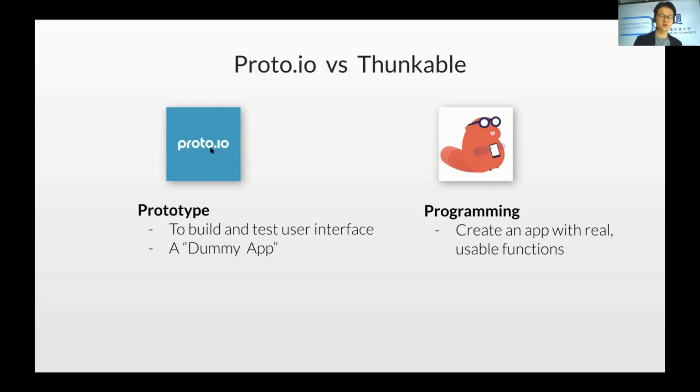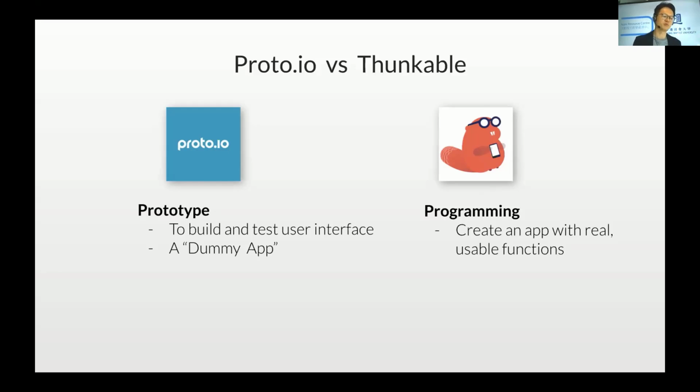Proto.io is only for prototyping. You use it to build and test the user interface, but what you're creating is really just a dummy app. So it's not functional. But if you're using Thunkable, although the platform looks similar and it looks like you're doing a similar thing, you can use Thunkable to create a useful app that is functional. Let's say you're creating a prototype, and in this screen you want to open up a camera.